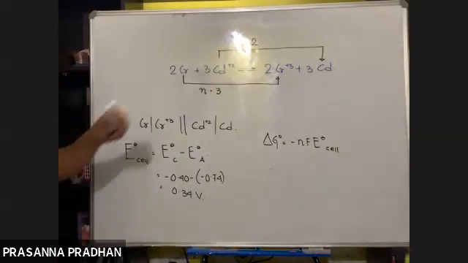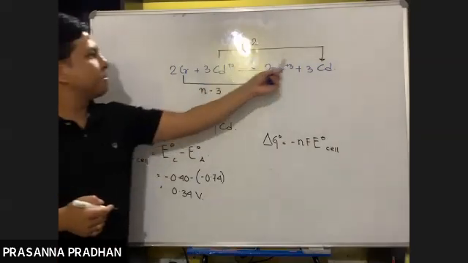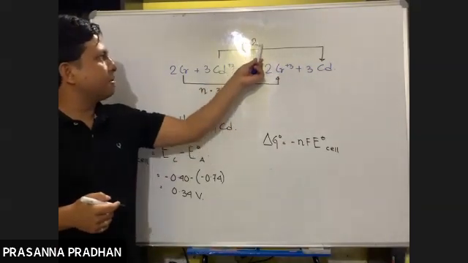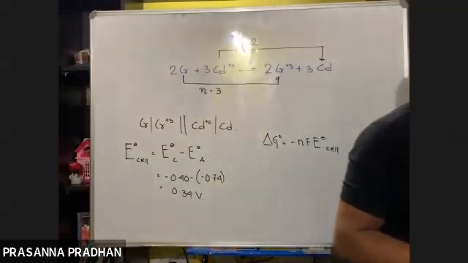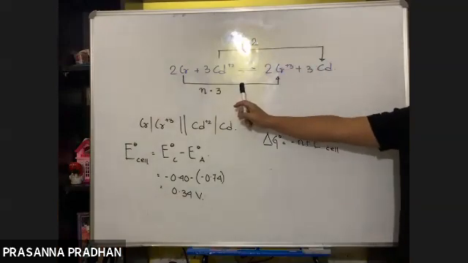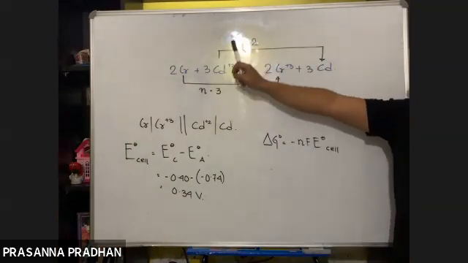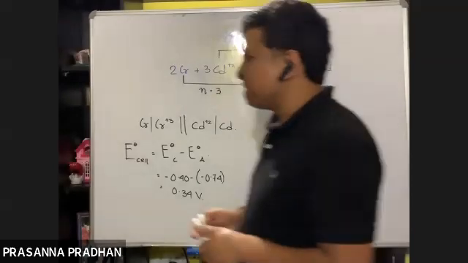So the number of electrons lost is equal to 3. The number of electrons gained during reduction is equal to 2. But we have been saying that during a redox reaction, the number of electrons lost during oxidation and the number of electrons gained during reduction should be the same. How will you make this equal now?